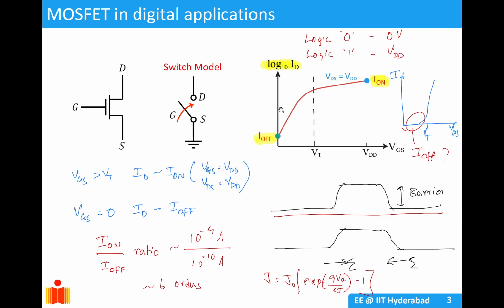So you can see here they have plotted the transfer characteristics, ID versus VGS, where your ID is in log scale. So this is your threshold. Post threshold you have a very high current, and in the subthreshold regime, current does not instantly go to zero, but reduces exponentially, such that when it reaches Vg equals zero, my current is very very low, and this is called my off current.